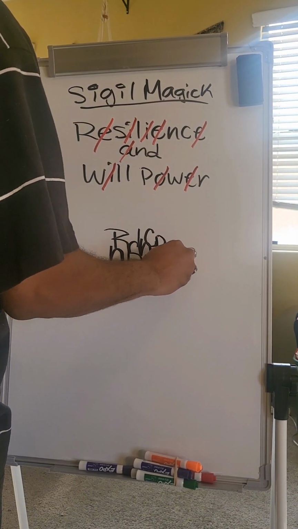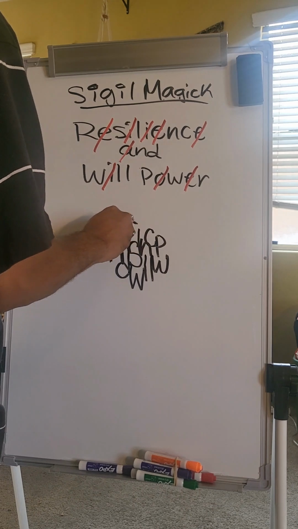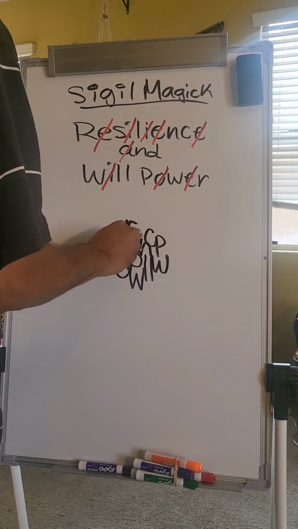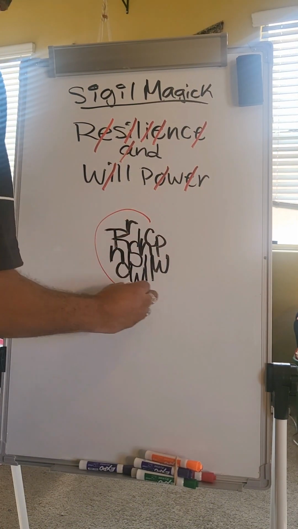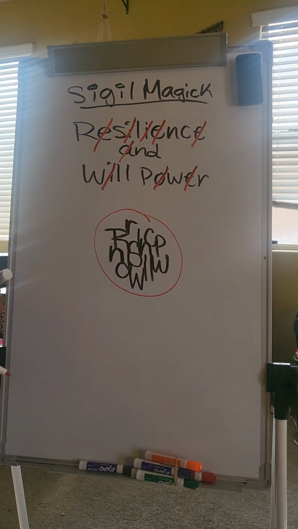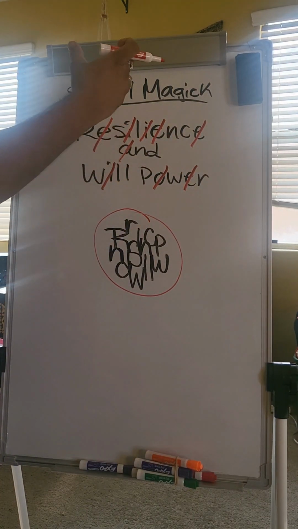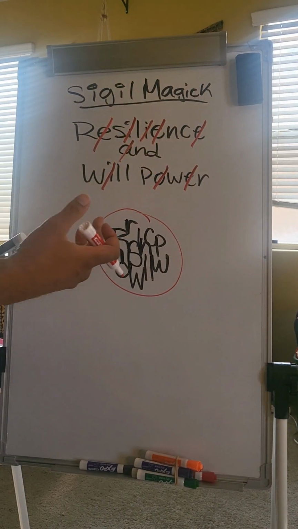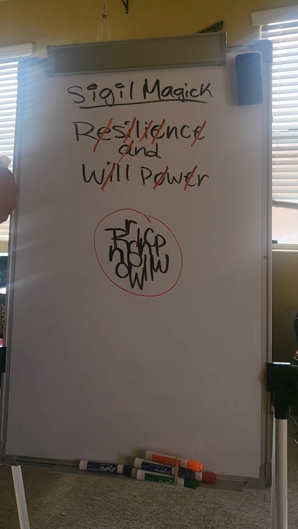Taking all the letters that are left over, and we're kind of making a little combination of them together right here, okay? So this is all the letters that were left over coming from the incantation or coming from the words we want to manifest within our subconscious, all right?